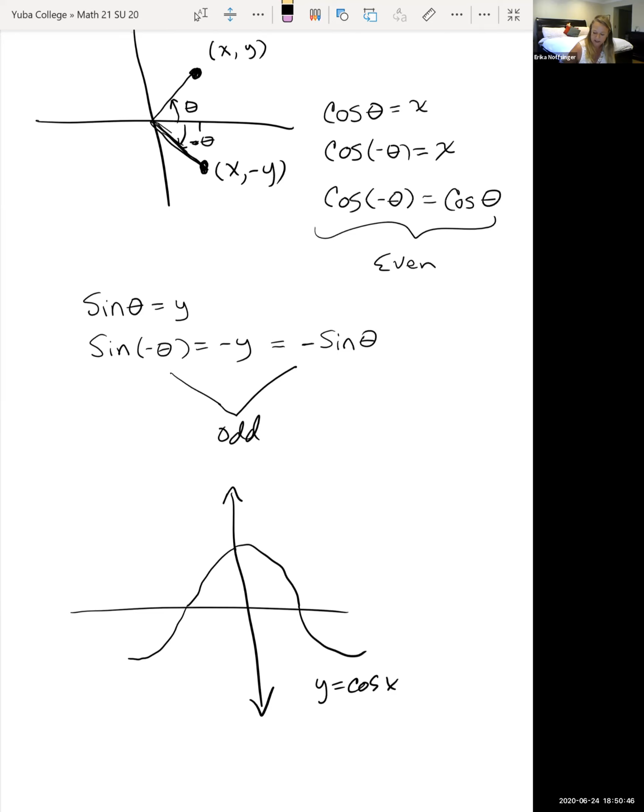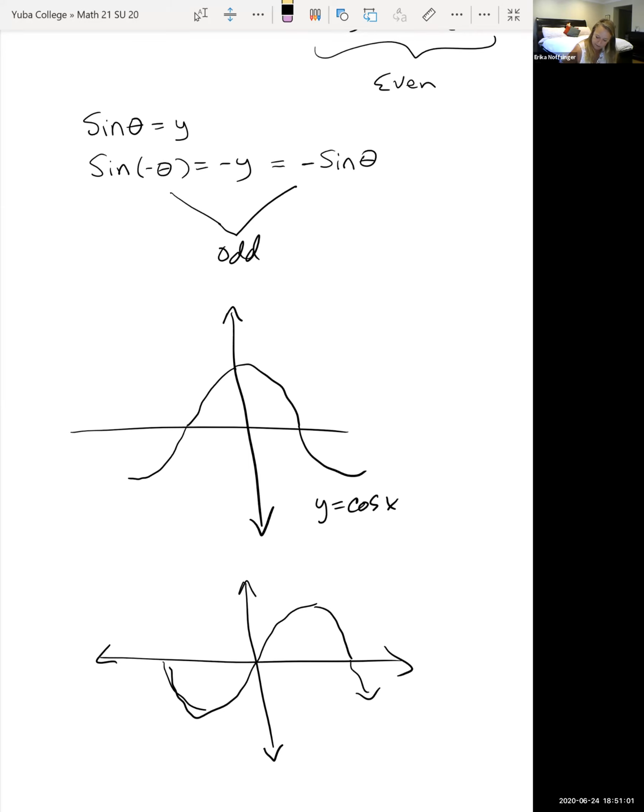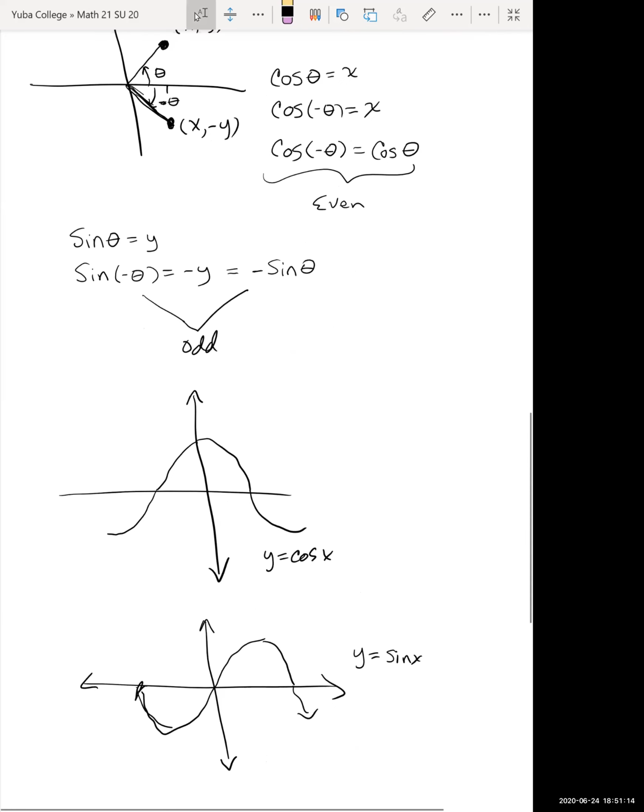Odd functions are symmetrical across the origin, so basically folding your paper into fourths would give us a mirror image. This is what our sine function looks like, and if we folded this in fourths, it'd be a mirror image. So it's like a mirror effect, correct? Mm-hmm. Okay.